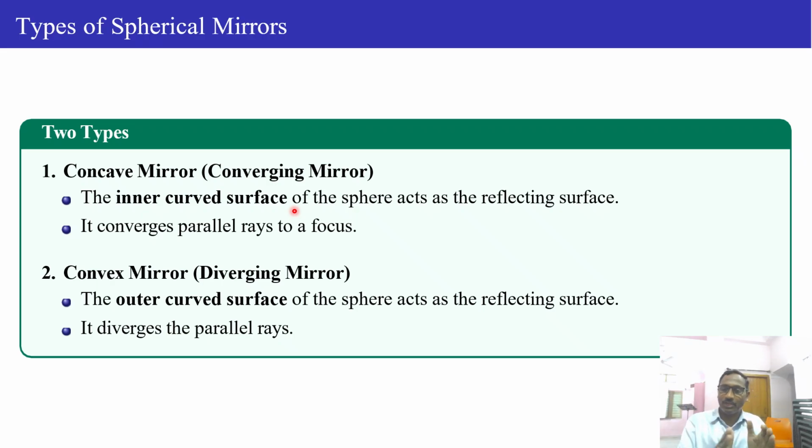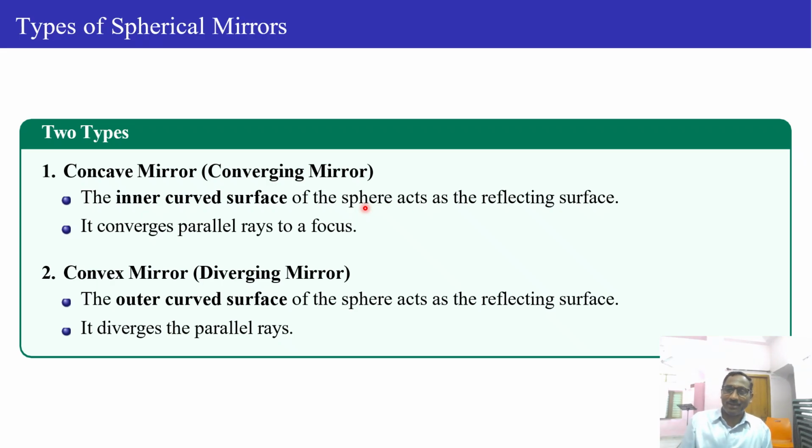Assume I have taken the smaller part. One side is silver coated and the other side is the reflecting surface. So here the inner curved surface is the reflecting surface.